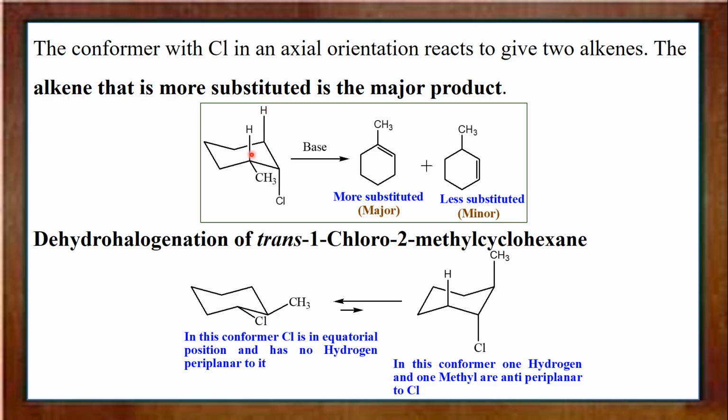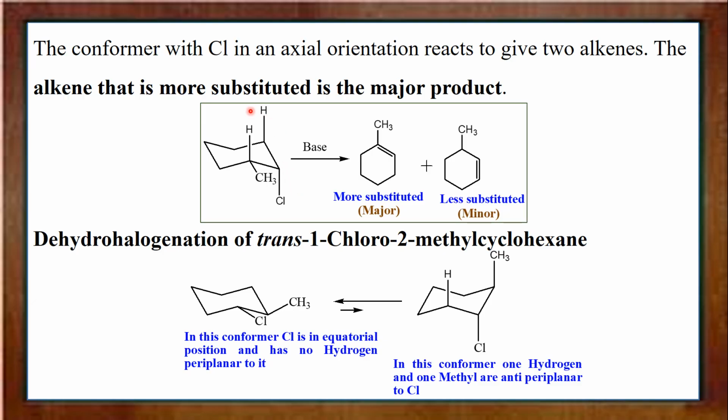If this beta hydrogen is eliminated, it results in the formation of a more substituted alkene. Double bond is present in the carbon that is connected with the methyl group. Therefore, it gives this product.